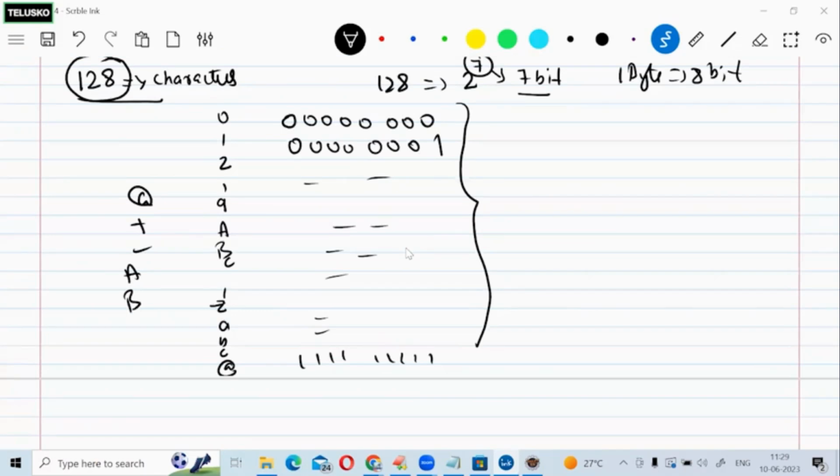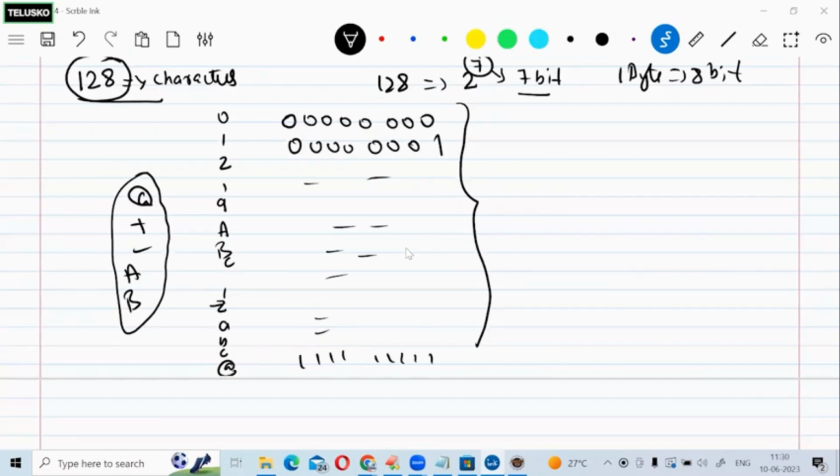Forget about this part right now. Is it in zeros and ones? But what does our memory understand? Please tell me what our memory understands. Only zeros and ones. Americans told us, if you want to store this type of characters in memory, then whatever mechanism or format is required, we have already worked on it.